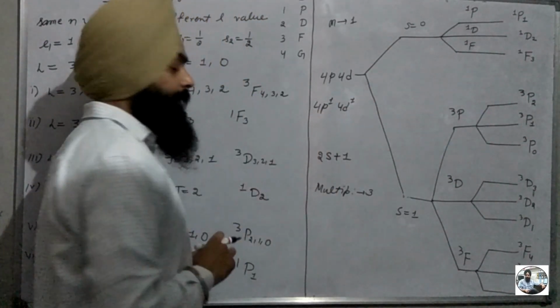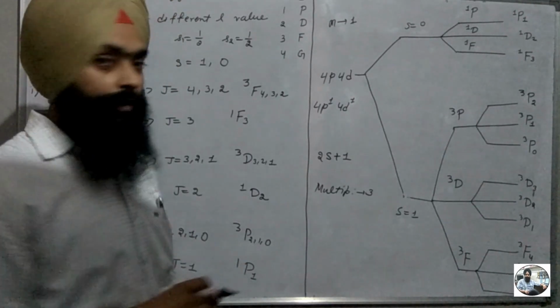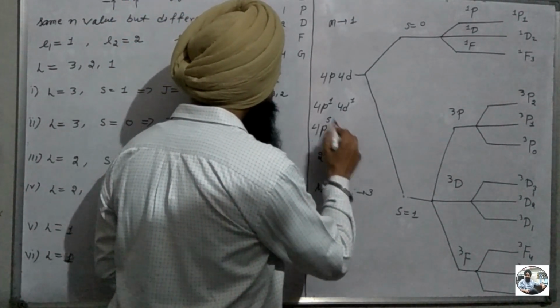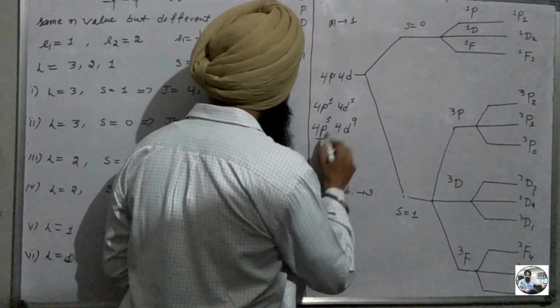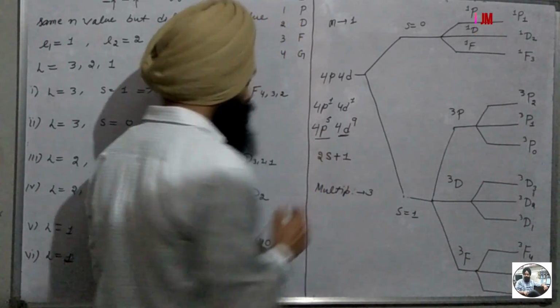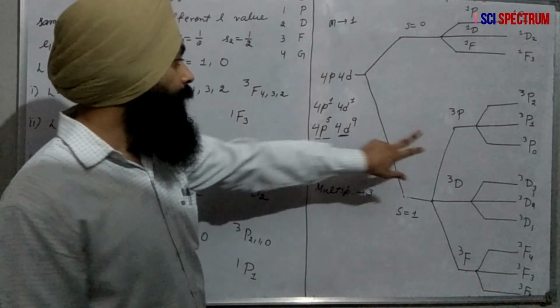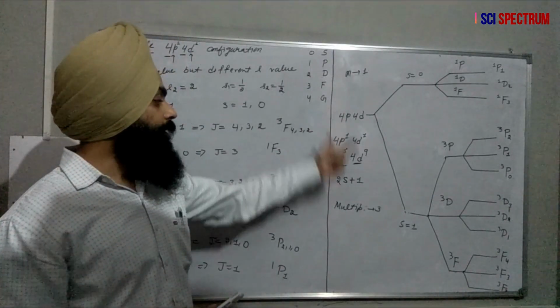We know that in the case of the p state, we have a total number of 6 electrons. If we have a configuration like 4p5 and 4d9, this is more than half-filled, this is also more than half-filled, and for these more than half-filled states, those values will be reversed. So this is all about Hund's rule.